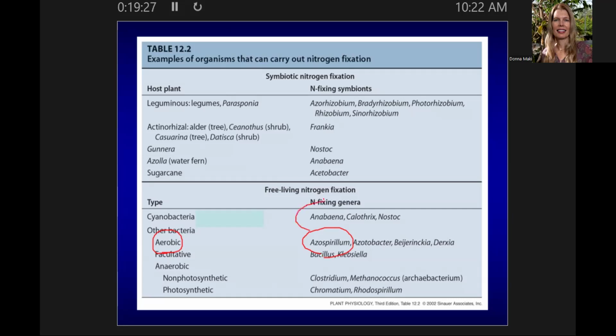Anabaena and Nostoc, on the other hand, when they're free living, they're also creating oxygen because they're doing photosynthesis. So that's a big problem. And Anabaena, they've studied that one quite a bit. That one, instead of having a really high respiratory rate, actually sequesters its nitrogenase enzyme. They tuck it away in a special cell.